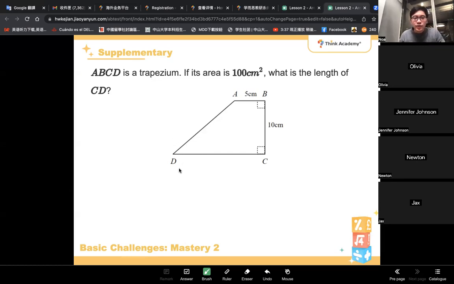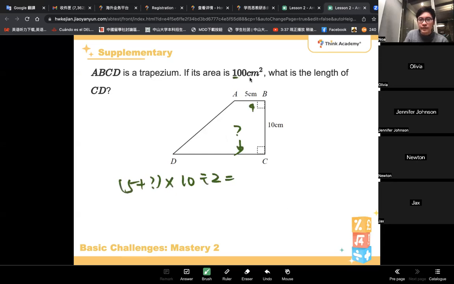Okay, do you understand what's the formula of our trapezium? It's the sum of the bottom and the top, the two parallel sides, times the height, divided by 2.